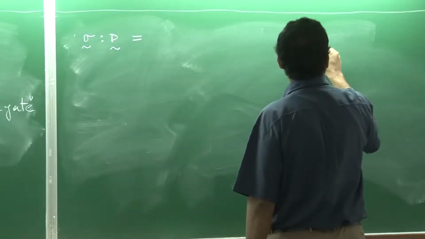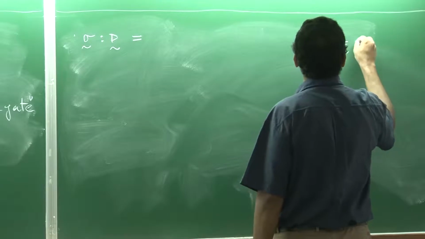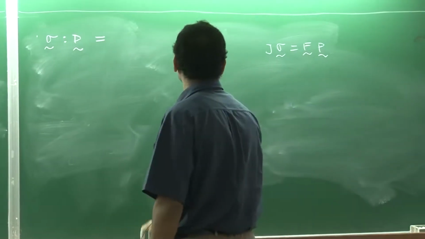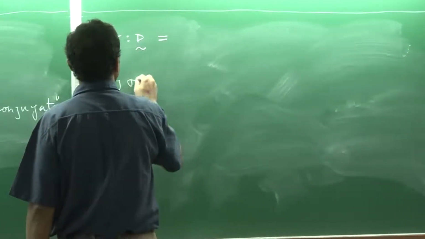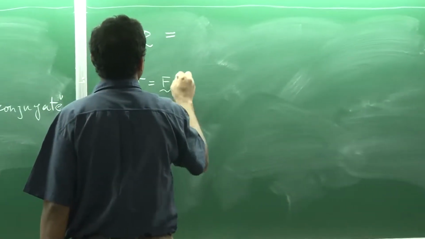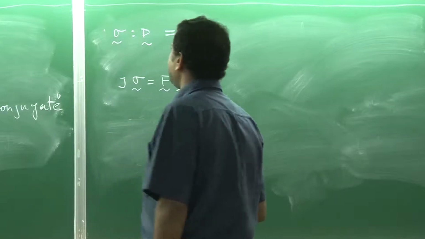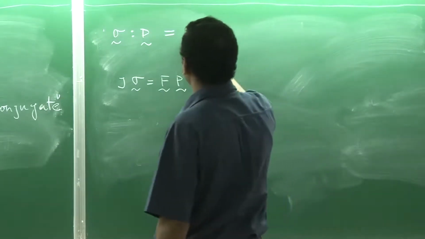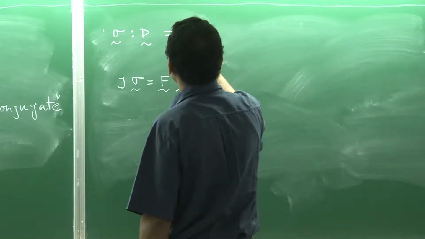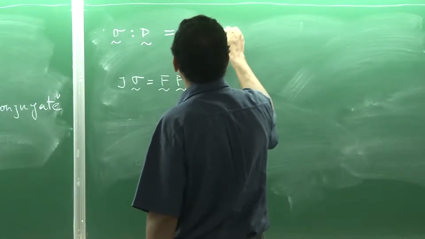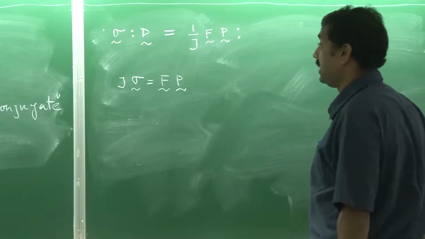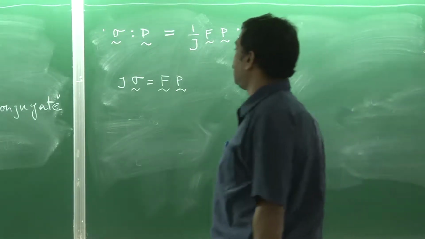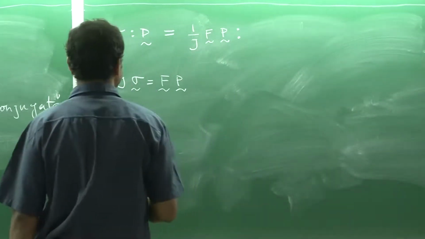J sigma was nothing but F P, right? F P, if you can recall. Or I mean, J sigma is F and P, right? Isn't it? So, sigma we can write as 1 by J F P, right? And what is D? How do we relate D?